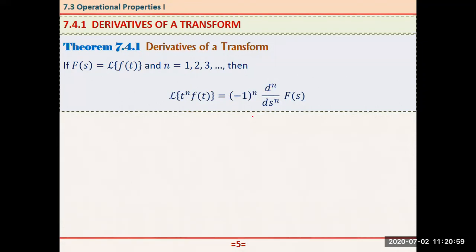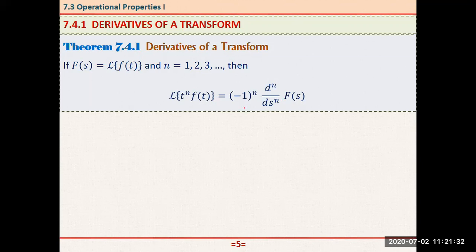So let's start with this theorem. It says that if capital F(s) is the Laplace transform of f(t), and n is a positive integer, that is 1, 2, 3, 4, 5, 6, then the Laplace transform of t to the power n times f(t) is equal to (-1) to the power n times the nth derivative of F(s).